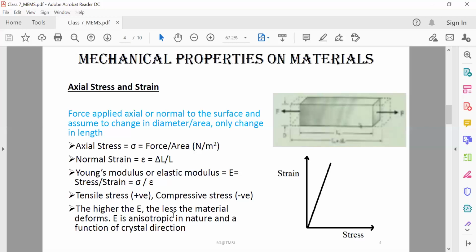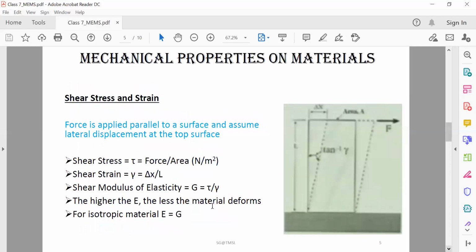The value is different in different crystal oriented directions and crystal planes, it is not the same, and that property may be used to make certain sensors for certain applications. The other is the shear stress and shear strain, which will be discussed later in this slide. Okay, shear stress and shear strain.